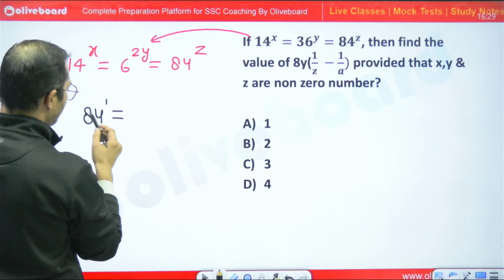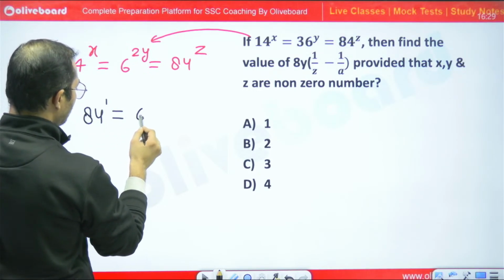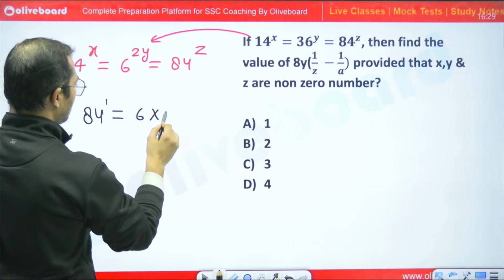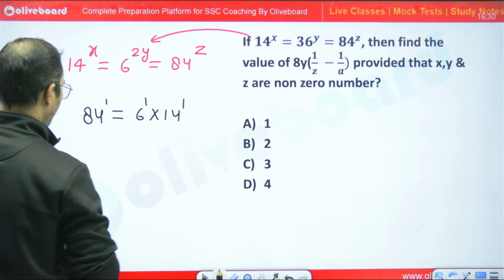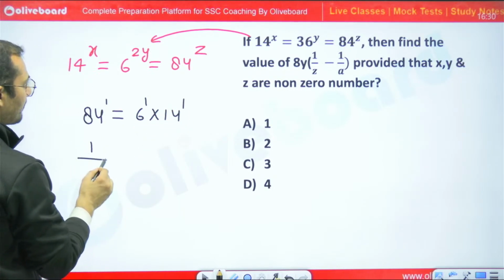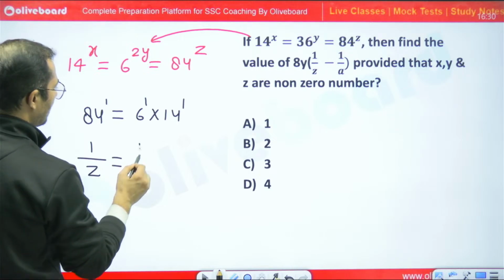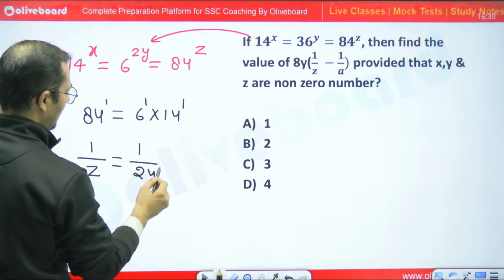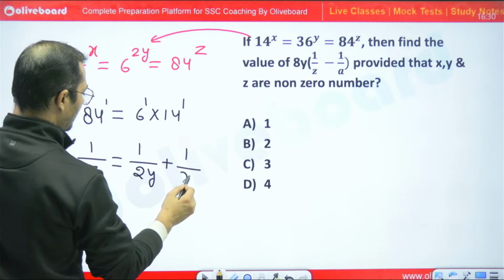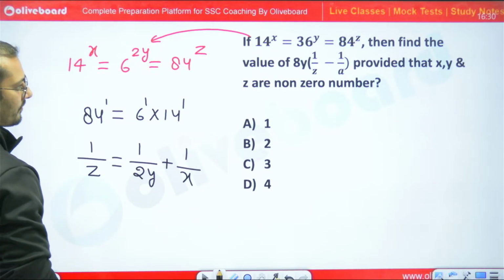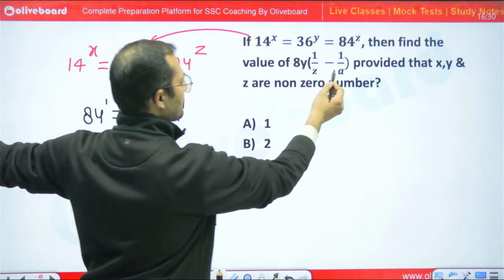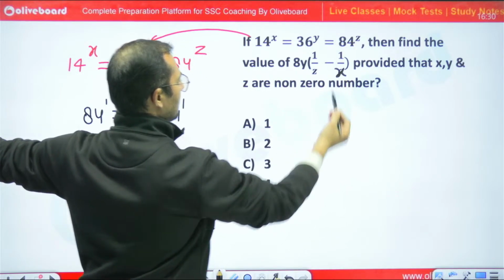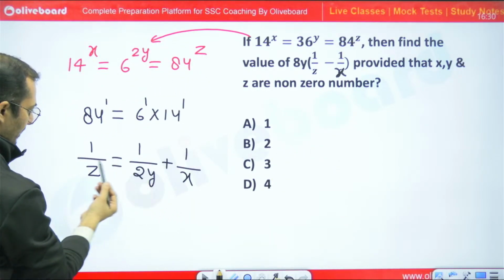How can we write 84? 6 into 14. Yes, we can write it. Here, after comparing, 1 upon z would be equal to 1 upon 2y plus 1 upon x. So transfer 1 upon x to this side.